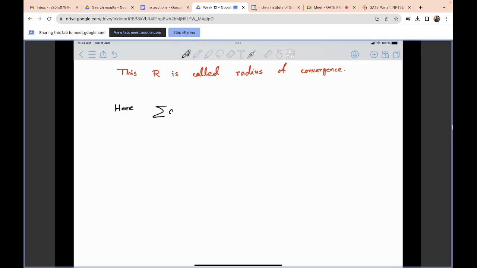Here summation an x to the power n, this converges at x equals to -3 and diverges at x equals to 6.